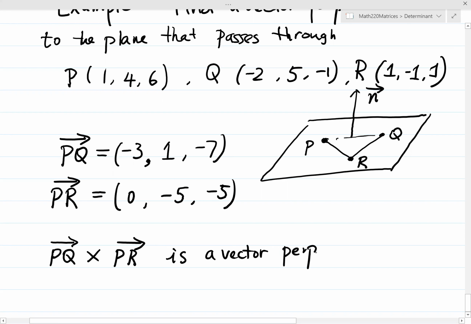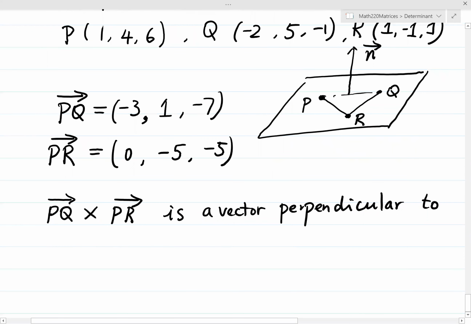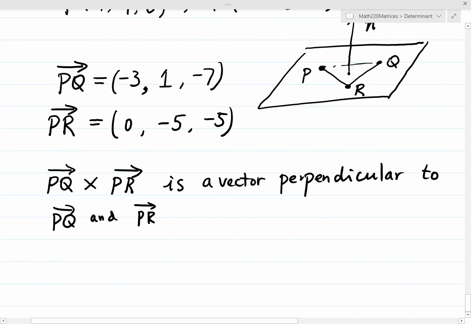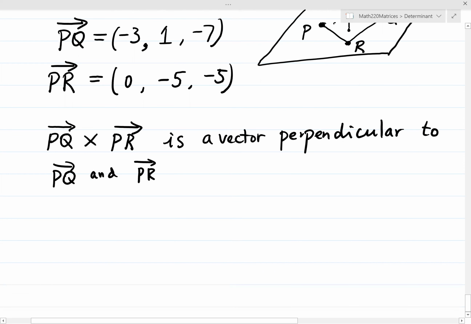By definition, the cross product of two vectors is a vector perpendicular to both of these two vectors, by the right-hand rule. So of course the output of the cross product should be perpendicular to the plane. So we can choose our desired vector to be PQ cross PR or PR cross PQ.